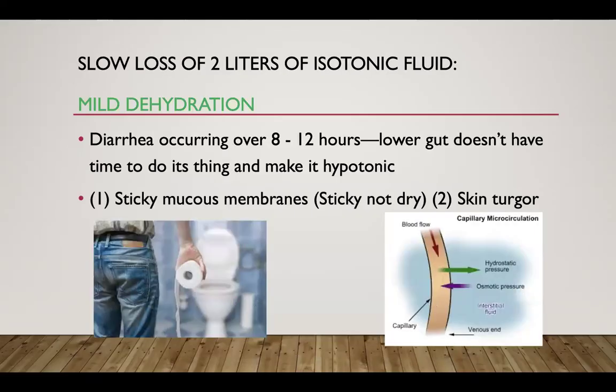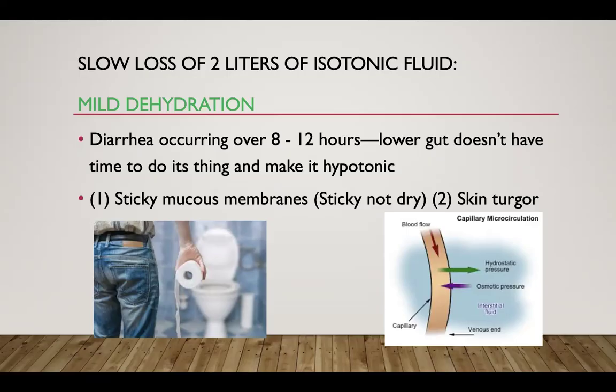A slow loss of 2 liters of isotonic fluid is going to cause mild dehydration. So shock is not enough fluid in the intravascular space, and dehydration is a loss of fluid in your interstitial space. If it's slow, your interstitial space will have time to compensate and it'll bring fluid into your vessels.